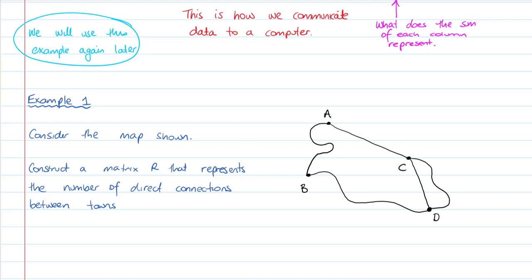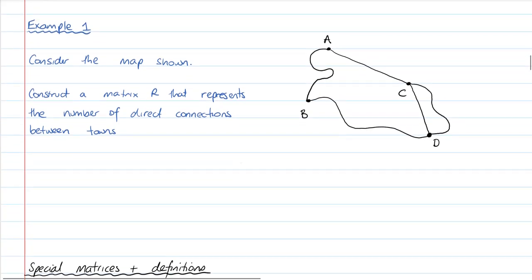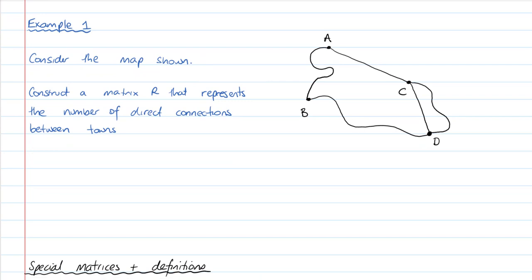So looking at how we can move from town to town, A, B, C and D. So let's have a look at matrix R. We've called it R. R is equal to, now I'm going to do a bit of a rough up here, we don't normally do this, but we could have A, B, C and D, and then A, B, C and D. And then our matrix will be a 4x4 matrix, and we start looking at connections, direct connections.